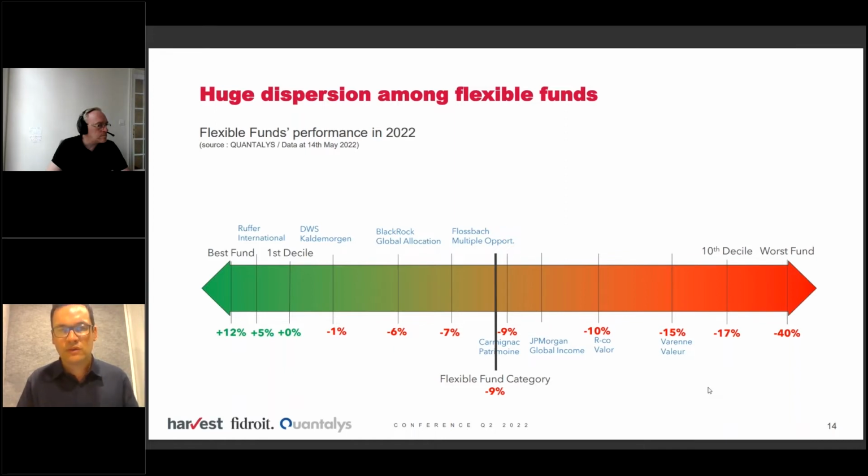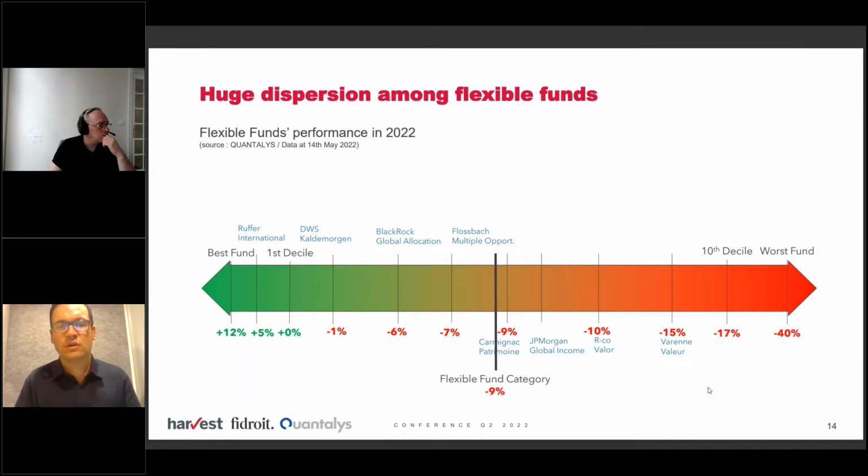As you can see, in 2022, just in the first 4 or 5 months, at the end of May, because it was the 14th of May this year, the worst flexible funds delivered 40% negative, and on the other hand, the best funds delivered 12% positive.